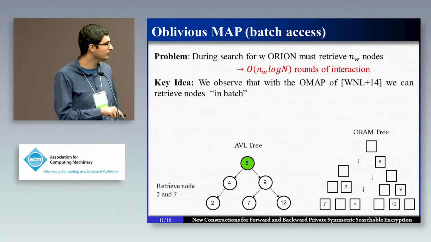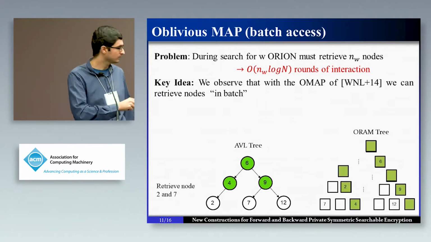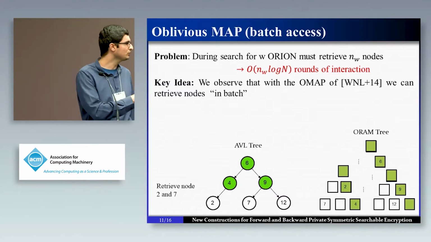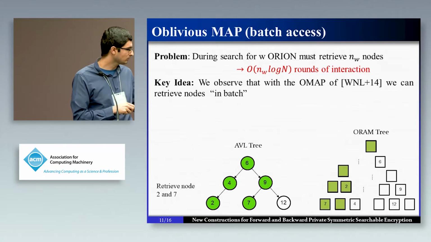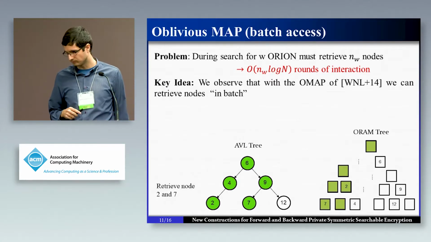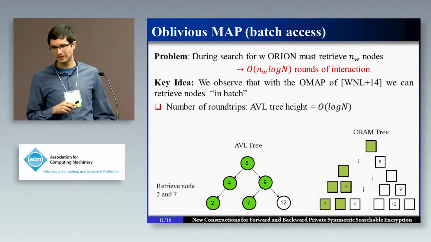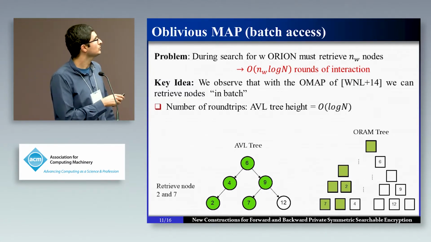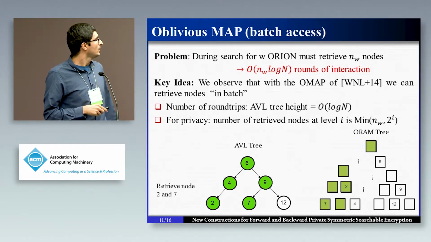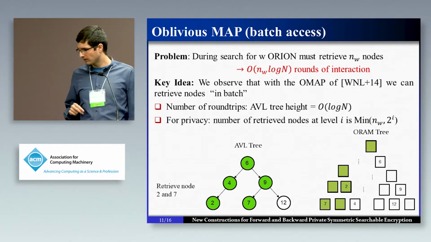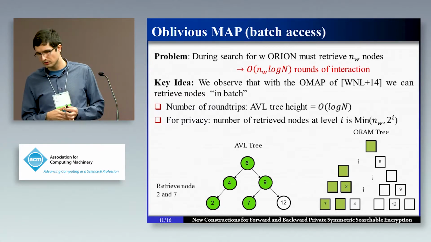So we fetch both 4 and 9. So it will be one round. We continue this operation until we get all target values, which are 2 and 7. As we can see, the number of round trips is the AVL tree height, which is log n. And finally, for privacy reasons, we always ask for this many nodes per level.